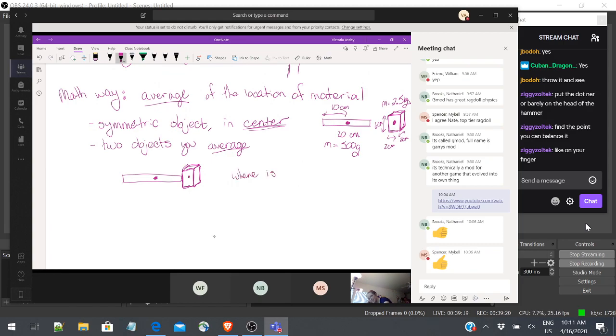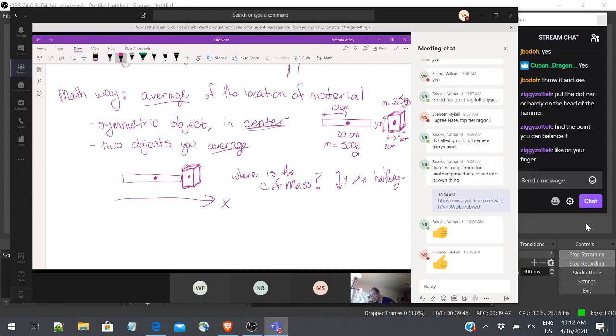Where's the center of mass? Well, in our y direction and in our z direction, it's going to be halfway, right? So that's easy enough. It's symmetric. We are interested in our x direction.